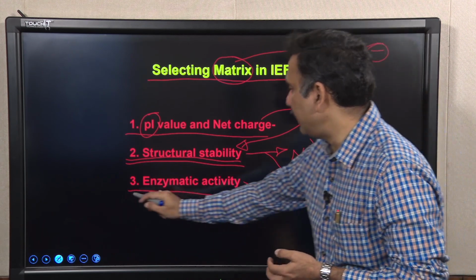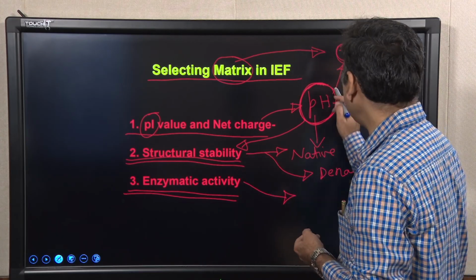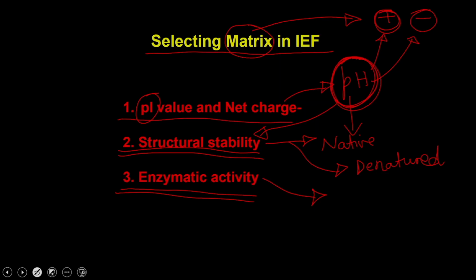So, it is very important that you ensure that at this particular pH, your protein is also retaining the enzymatic activity. All these parameters are linked to the isoelectric point, because that is what determines the net charge at a particular pH.